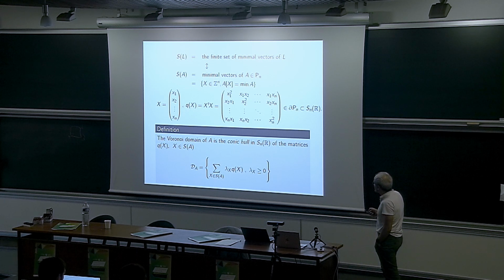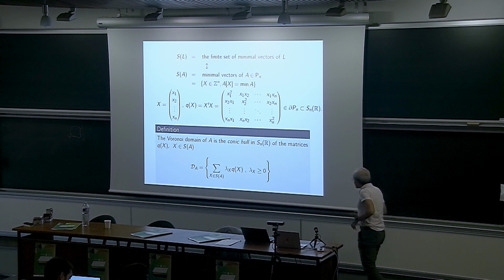Here in this definition, A is a positive definite quadratic form with no restriction so far, and its Voronoi domain is the conic hull in Sn(R) of these matrices Q(x) associated to the minimal vectors of A. So you start with a positive definite matrix A. You compute its finite set of minimal vectors, and for each of these minimal vectors, you compute the matrix Q(x), this rank 1 symmetric matrix, and you take the conic hull of this finite set of matrices.